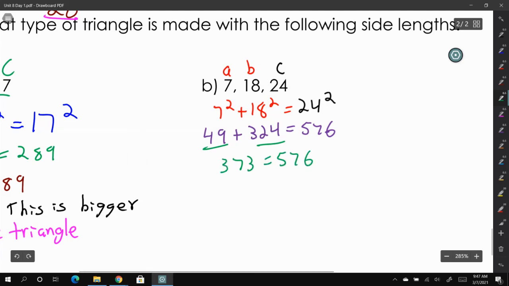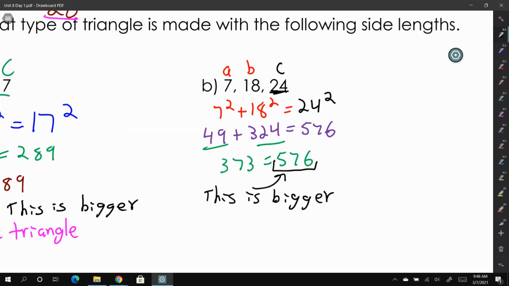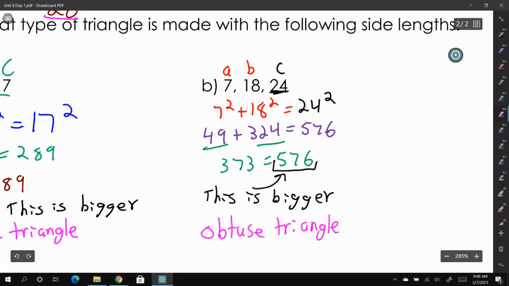We get 373 equals 576. Well, again, of course, these two are not equal, but now this is bigger. The side that was just C, 24 squared, that was bigger than adding 18 squared and 7 squared. So this is going to be an obtuse triangle where one angle is bigger than 90 degrees.